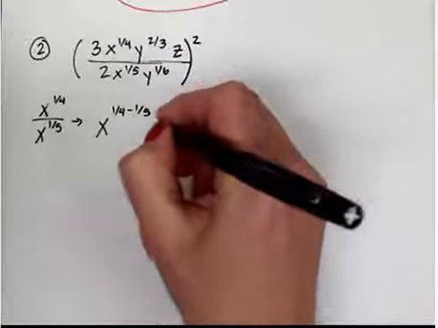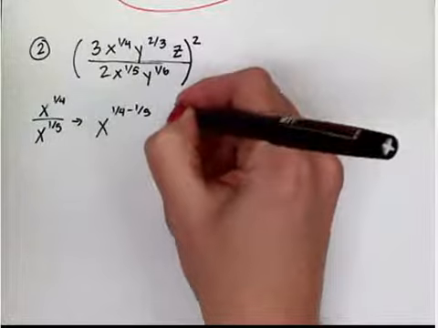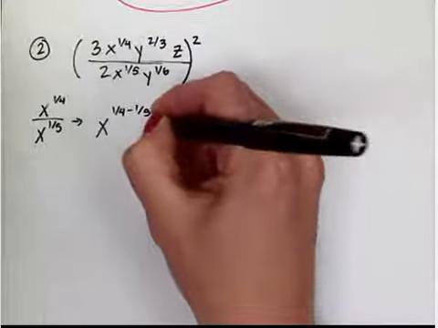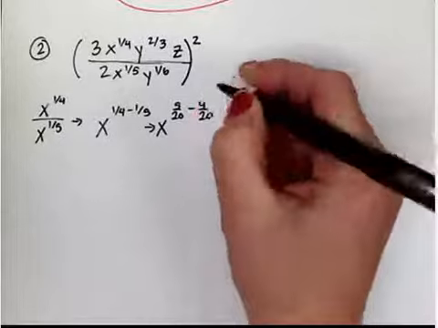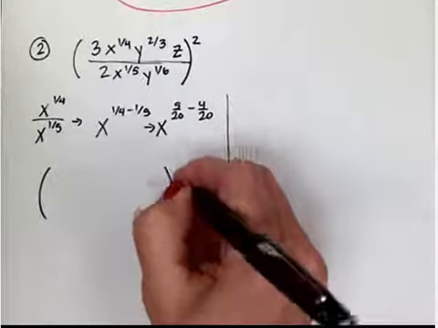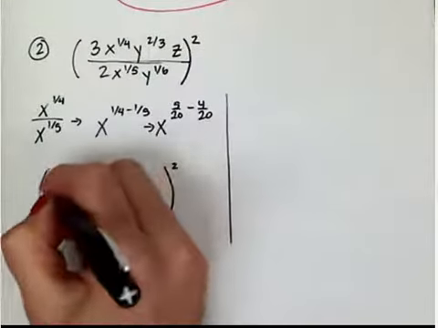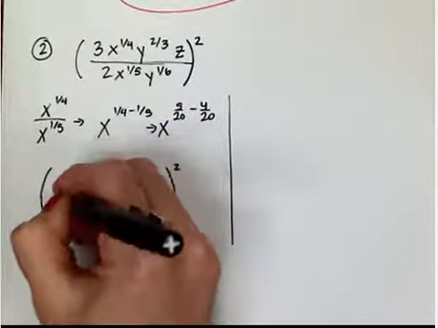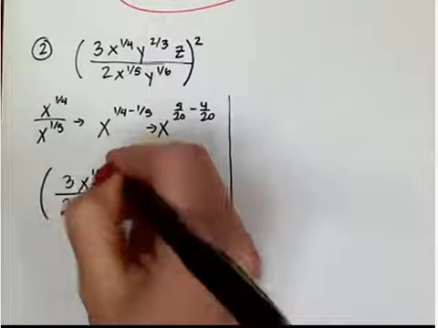So we do some common denominators, which gives us times 5, so 5 over 20, times 4, so 4 over 20, which gives us x to the 1/20. All right, so we get 3 over 2, we get x to the 1/20.